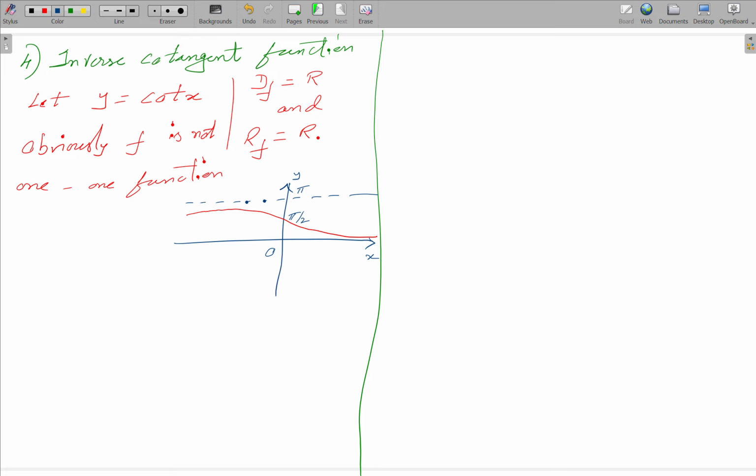So obviously f is not one-to-one because it is not touching the pi value.